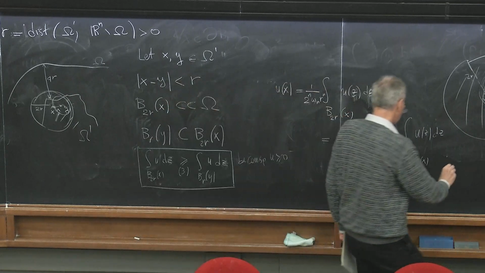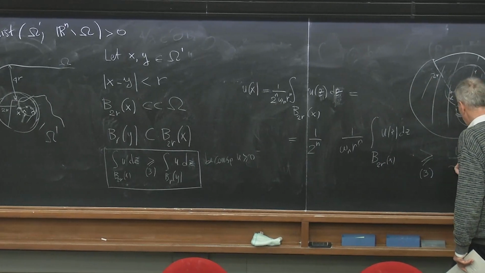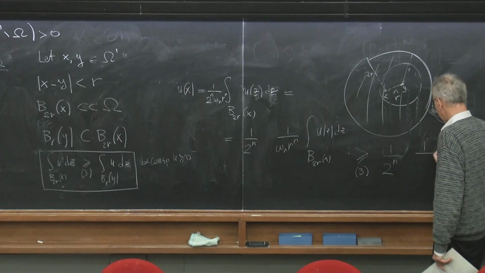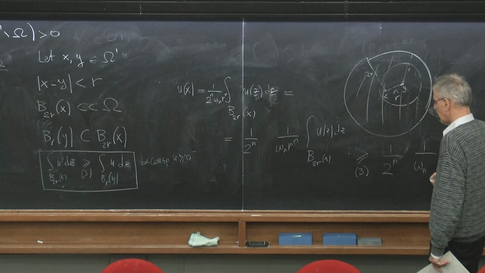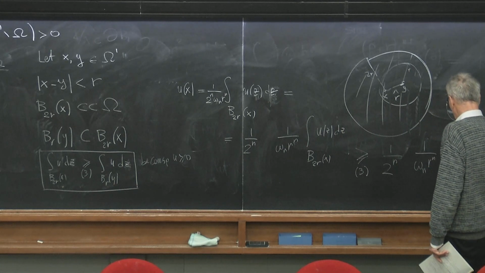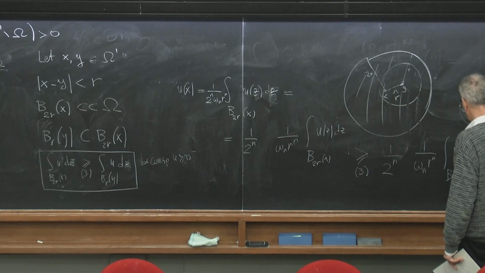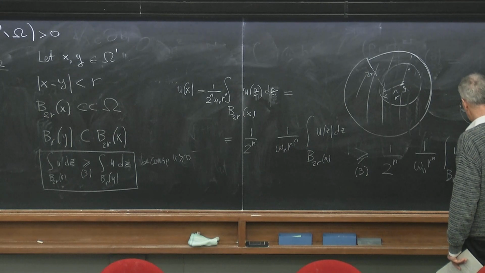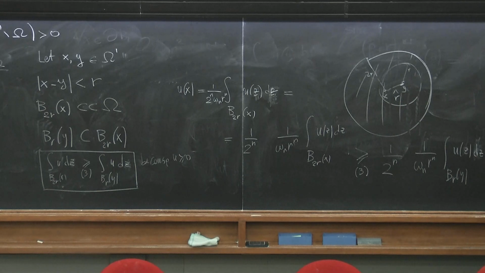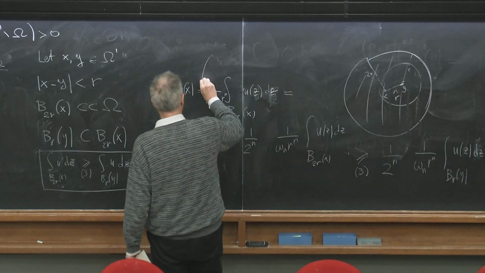So by inequality 3, this is larger or equal. Let me copy this prefactor here, and also omega_n r^n, then we have the integral over B_r(y) of u(z) dz. Now, this is the volume mean value formula.